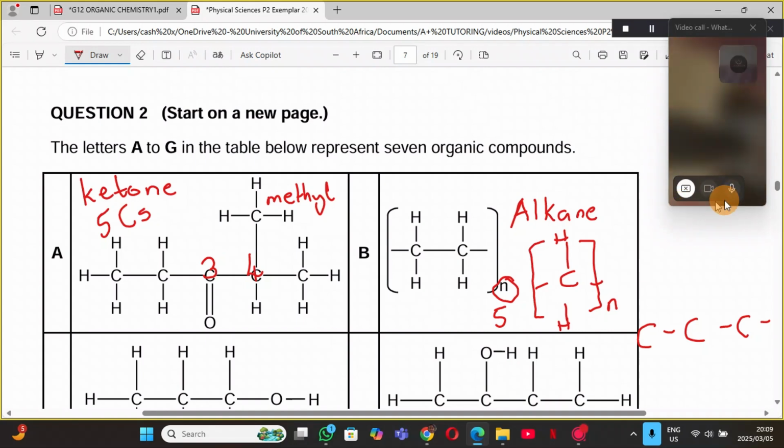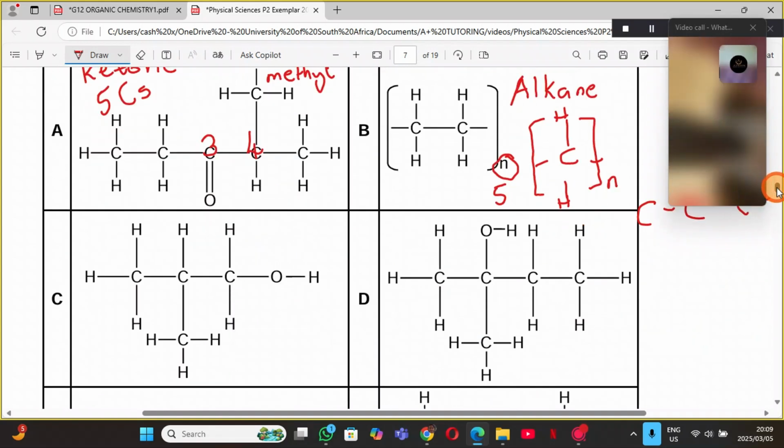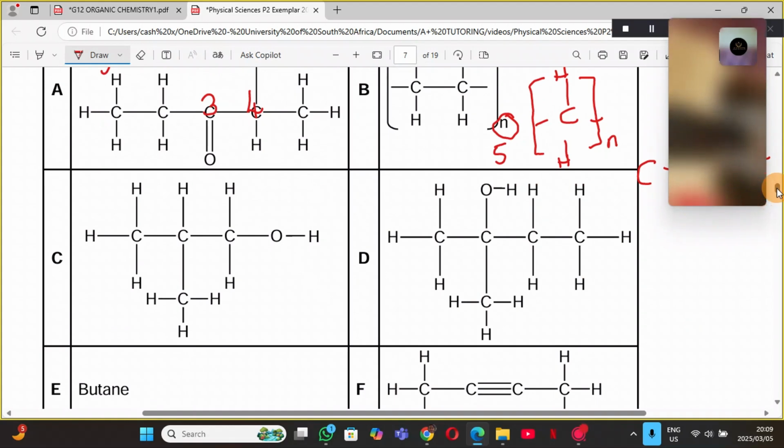Okay. So now, if we go to the next one, what do we have here? You first look for your functional group. I see an alcohol. So we have our longest chain: 1, 2, 3.